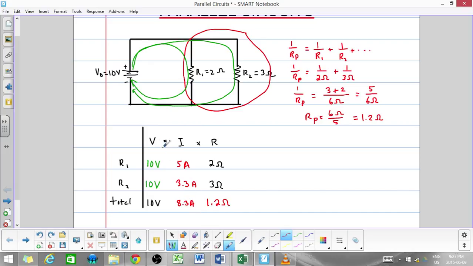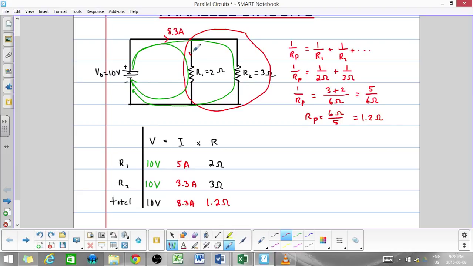This is Kirchhoff's current law. If we were just to draw it here, the total current, so the current through the source, is 8.3 amps. And then according to Kirchhoff's current law, at any junction, whatever it breaks off into has to add up to 8.3.